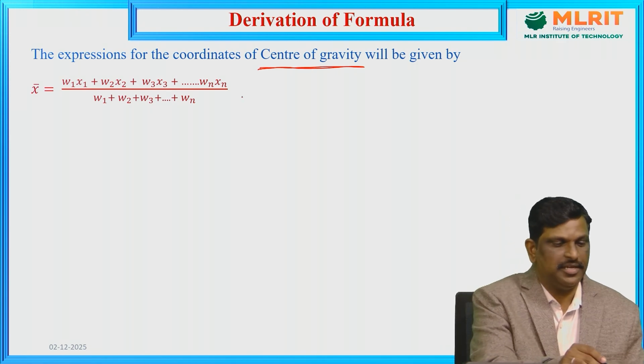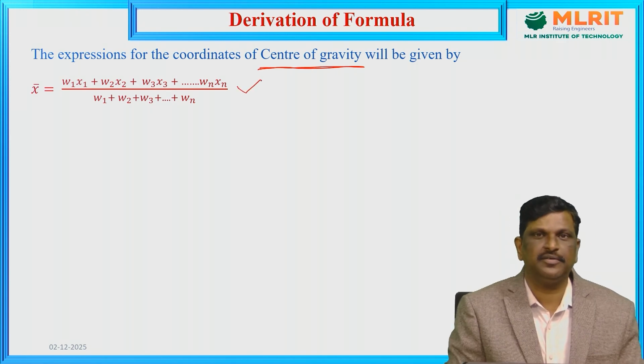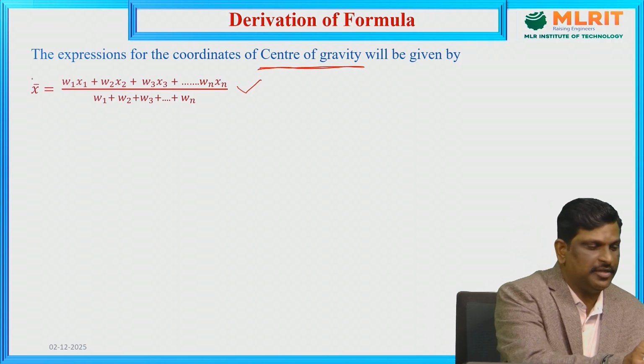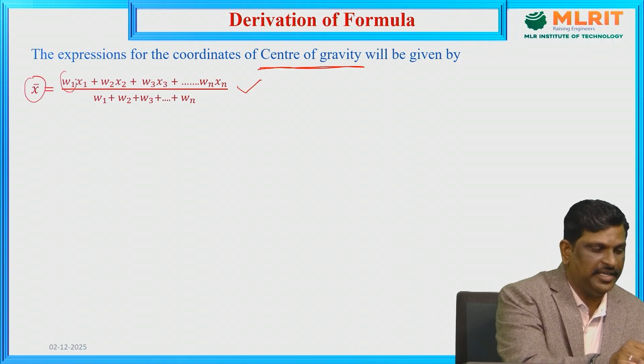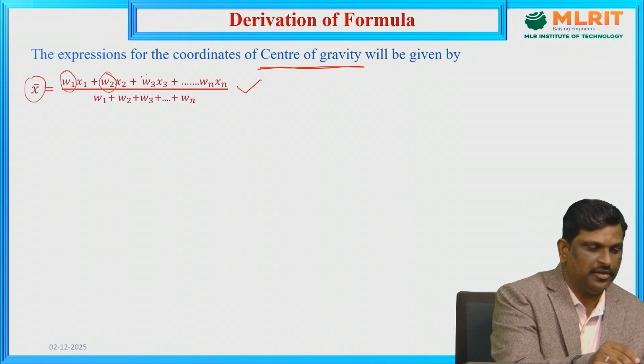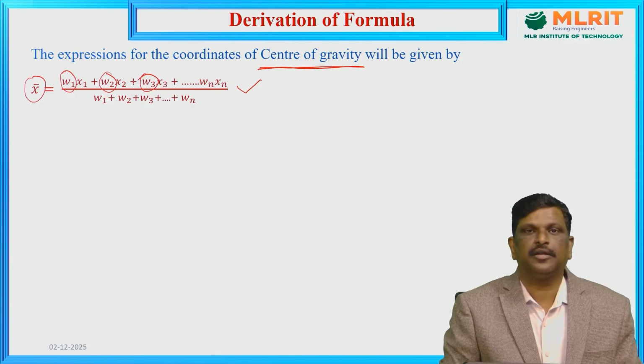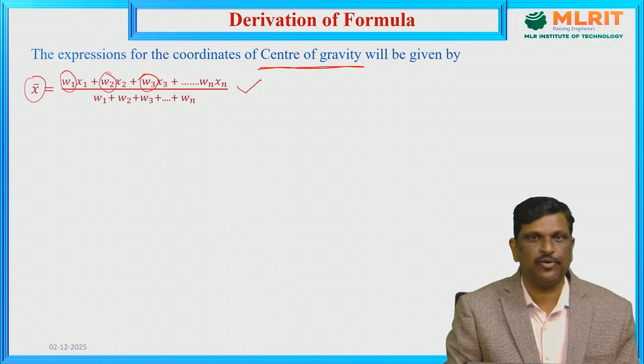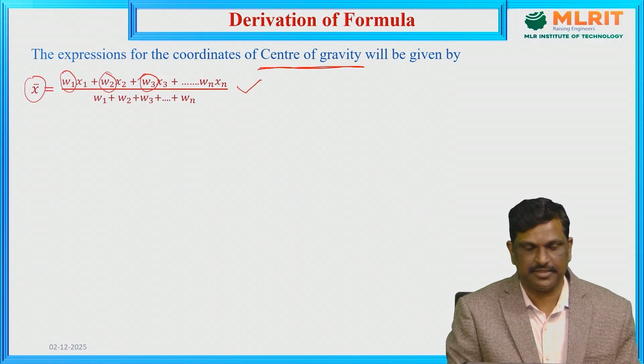Now this is the center of solid, center of gravity equation, because here the weights are considered. Now we will reduce this equation to find the centroid of plane areas.